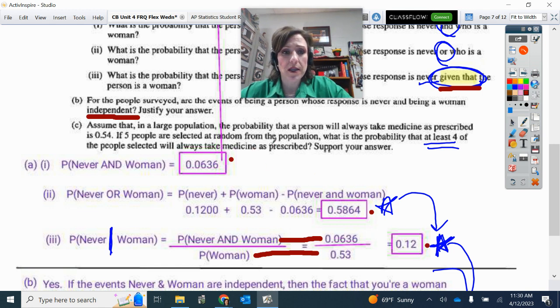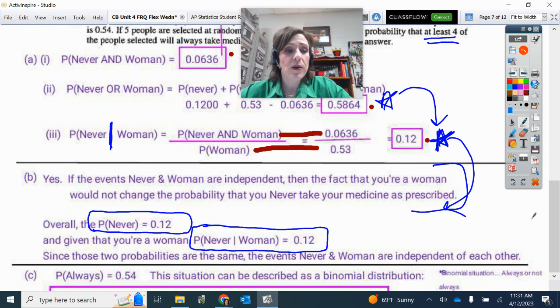And you get a P if you just had 2 out of the 3. All right. So in Part B, to get credit, you had to say, yes, they are independent. So don't forget to answer the question.